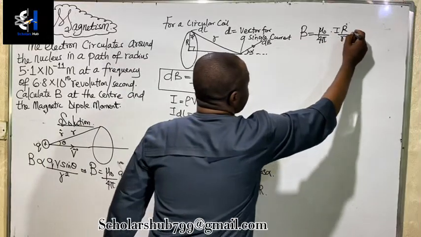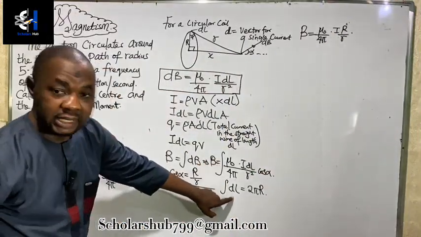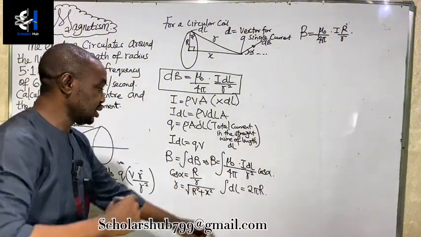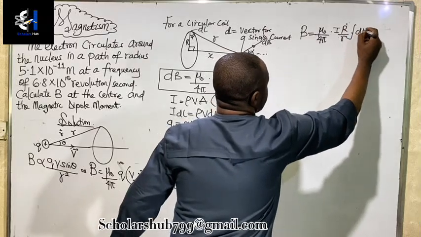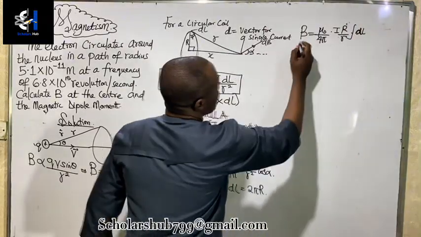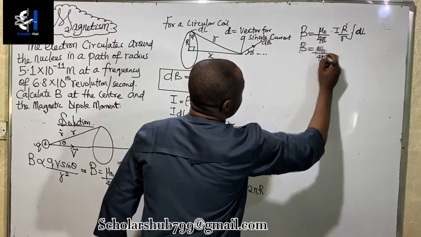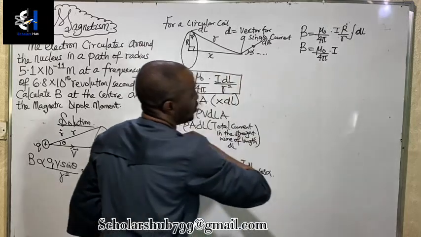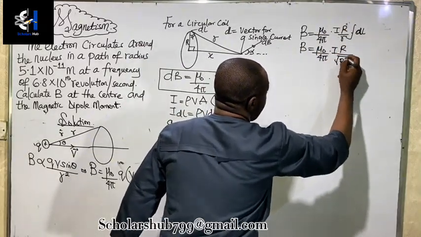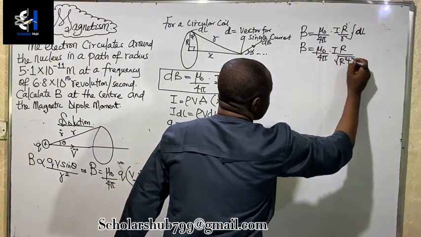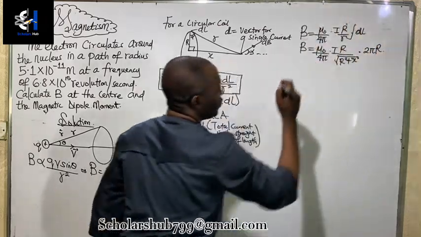Then multiply by the integral of dl, the length of the straight wire. So B equals permeability of free space over 4 pi multiplied by current I, times the big R over the square root of big R squared plus X squared, then multiply by 2 pi R.